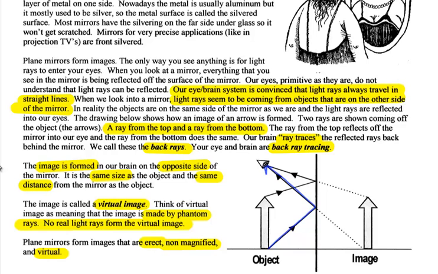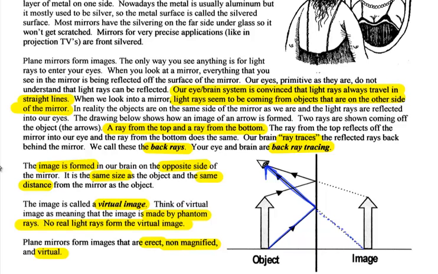Our brain is telling us that the wave that comes into your eyes came from some place and traveled in a straight line into your eye. So it says that light rays seem to be coming from objects that are on the other side of the mirror, which is that dashed blue line that I just drew back there.